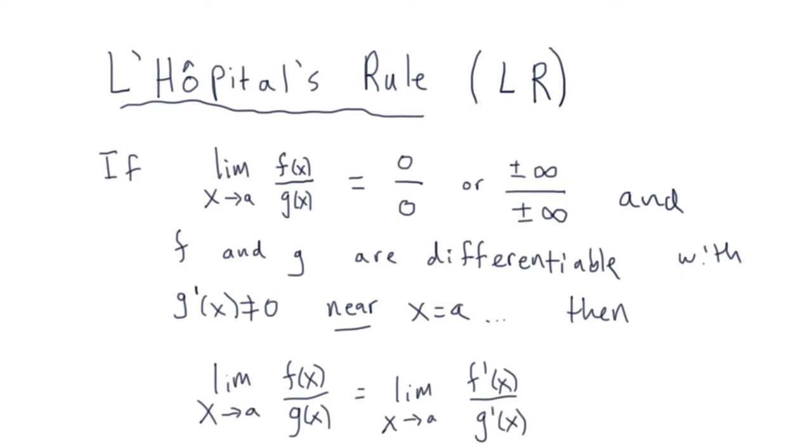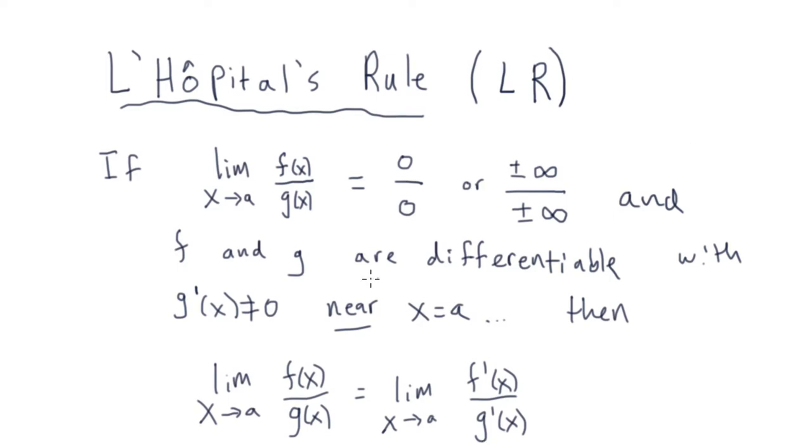Okay, and this is really just kind of encompassing the idea that, okay, if f is going to 0 faster than g is going to 0, this limit should be tending to 0, essentially. So we're just formally saying that by looking at the rates of change as the derivative, and then we're taking the limit of the quotient. That's the same thing as the limit of the quotient of the rates of change, or the derivative.